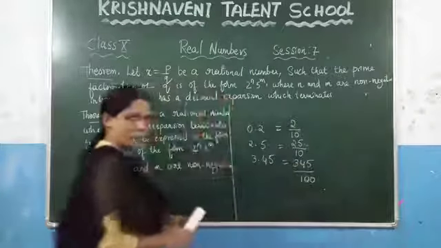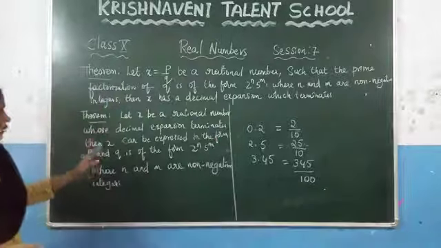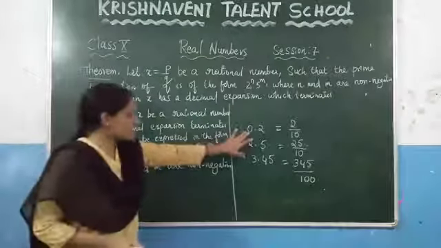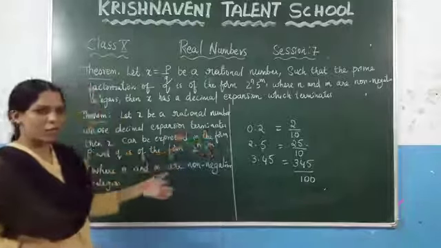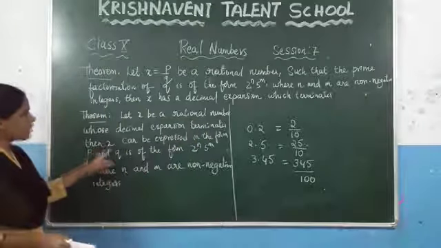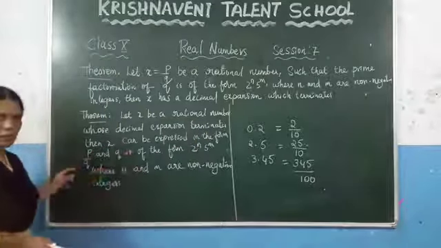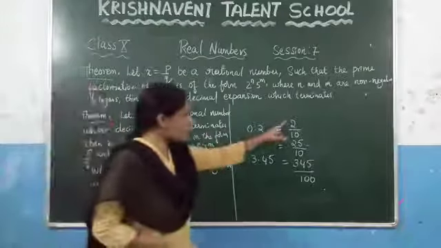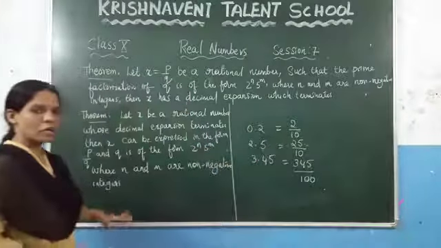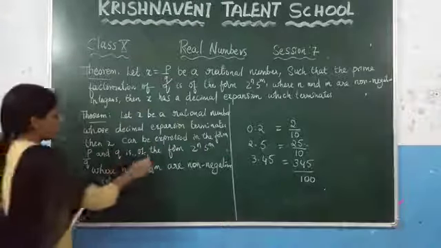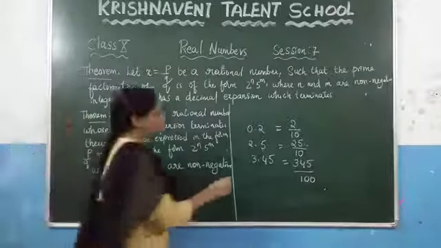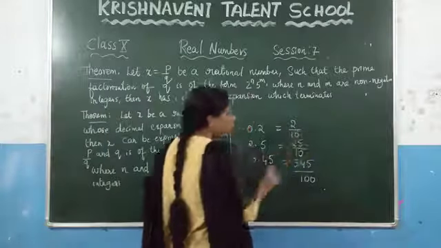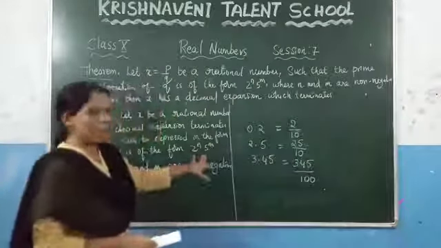Now, what the theorem states here. We took one decimal number, and that decimal number should be terminating. Then we can express that number in the form of p by q, and we have expressed those numbers in the form of p by q. Now the theorem says that q is of the form 2 power n into 5 power n. So we can express this denominator in the form 2 power n and 5 power n.